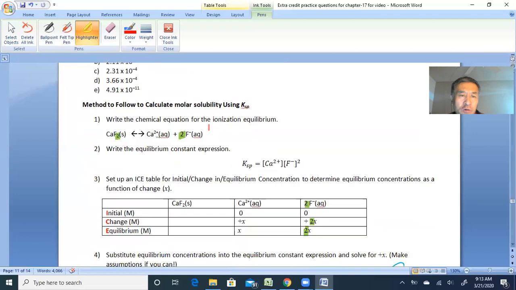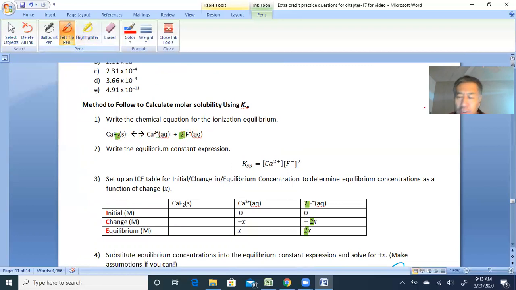So to solve this problem, you write up the solubility equilibrium. You take one unit of the salt, which is CaF2 solid, then separate it into ions. You have Ca2 plus ion and 2 F1 negative ions.